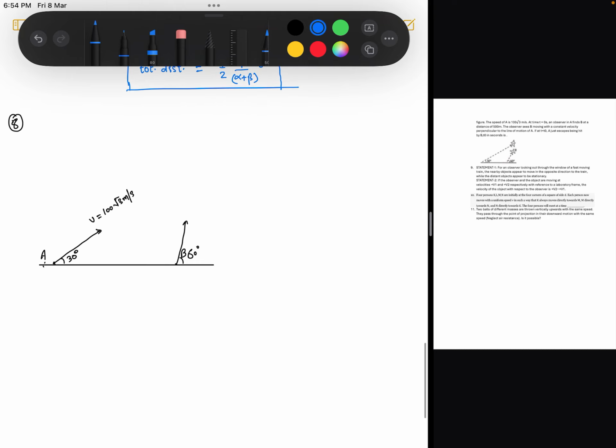I will tell you the statement given in the question. At some instant of time, A observes B. So this is the line of motion of B, and this is the line of motion of A. He observes that B is moving along the line perpendicular to the line of motion of A. So A is moving in this direction, and he is observing that B is moving along this line.